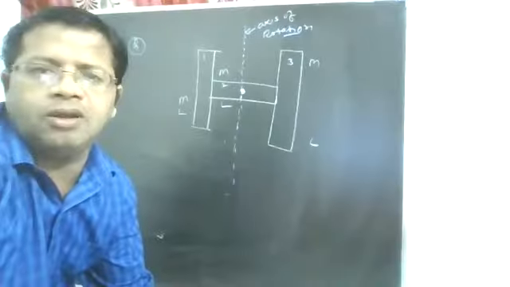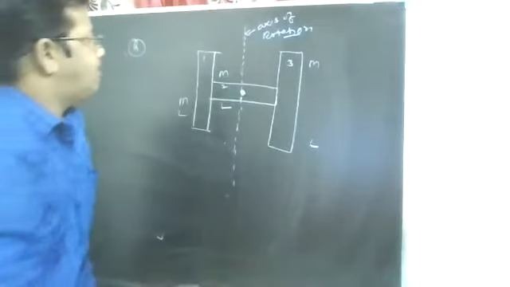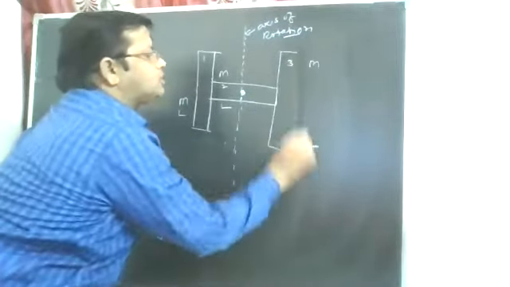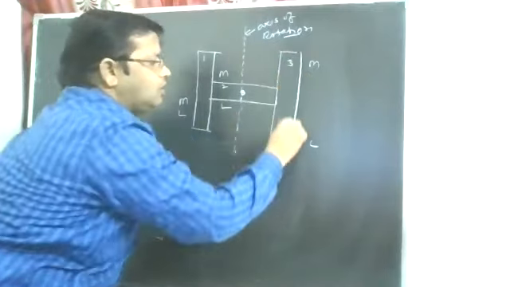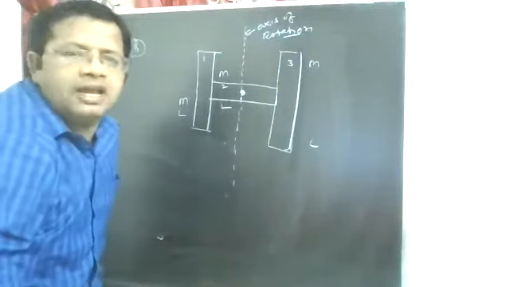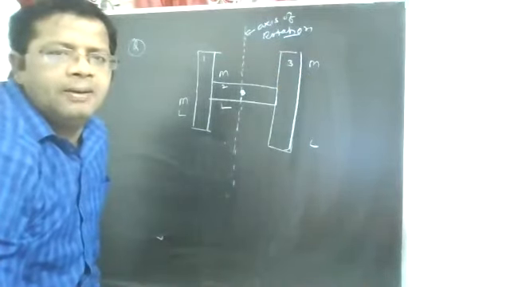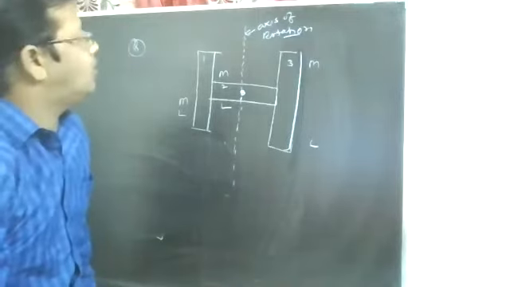You have to determine the moment of inertia of this H-shaped rod. The mass of all the portions is equal and their lengths are equal.